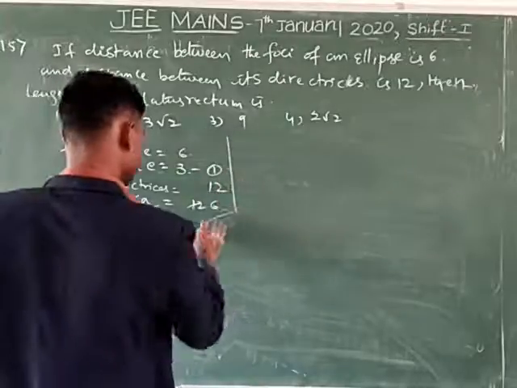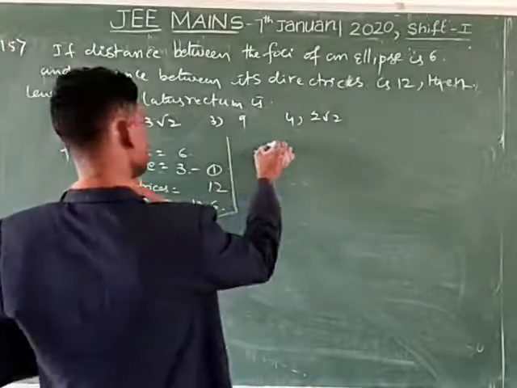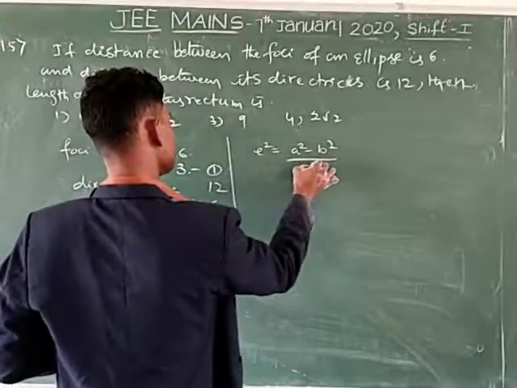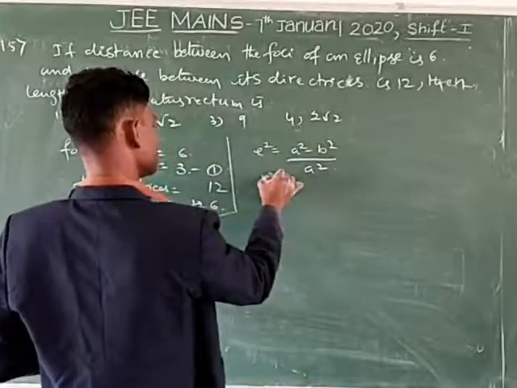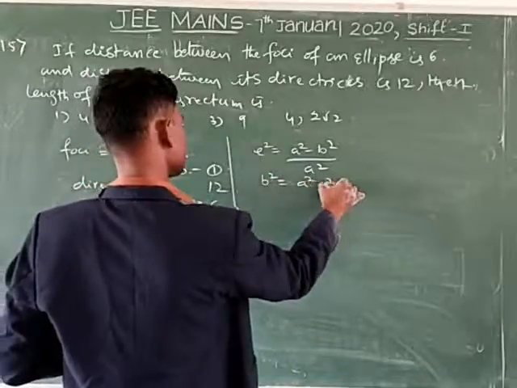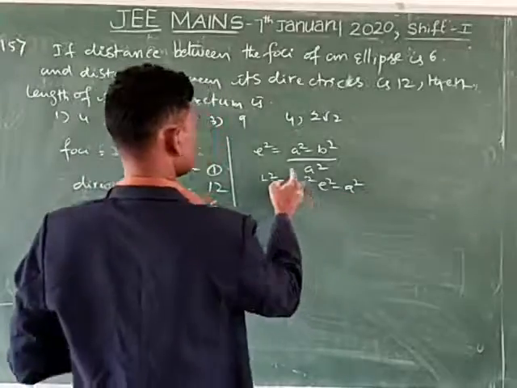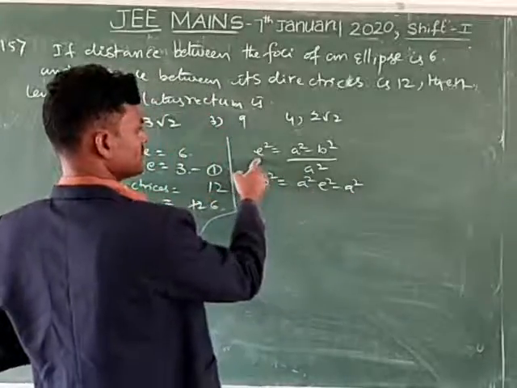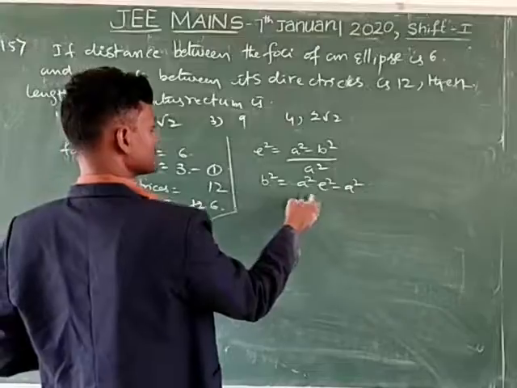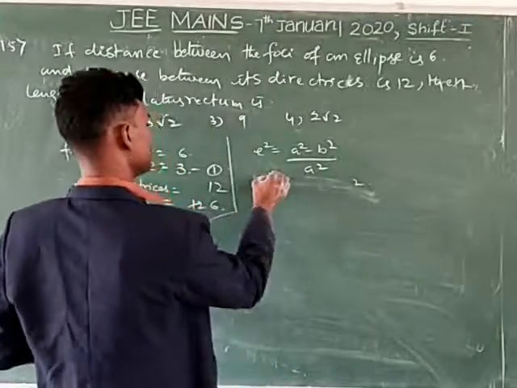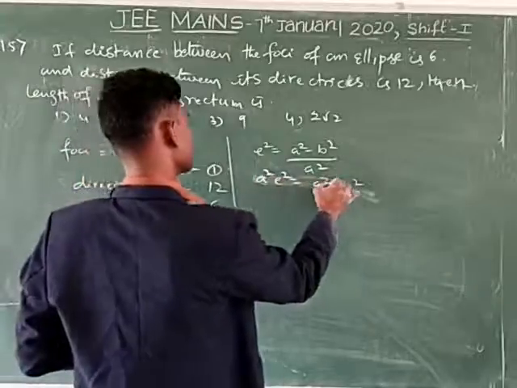Now, eccentricity E square is equal to (A square minus B square) by A square. Cross multiply: A square E square is equal to A square minus B square.